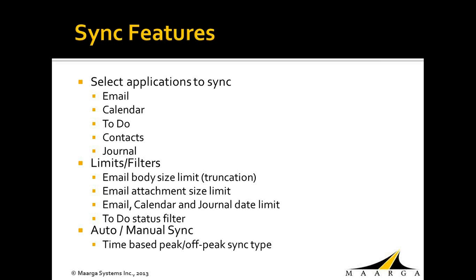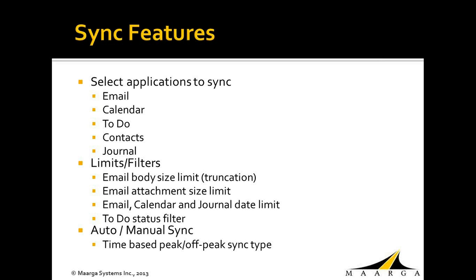Things like email body size: the remaining will be truncated by default, but there will be a button available on the user's mobile device to download the entire message. We can set a size limit for the email body, and only that much of the body will be synchronized by default with the end users' mobile devices.